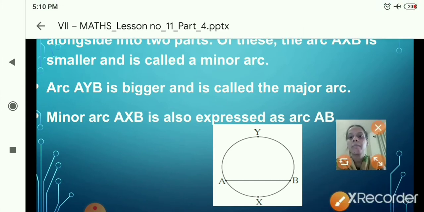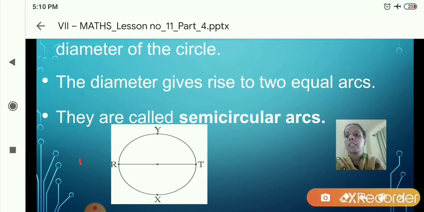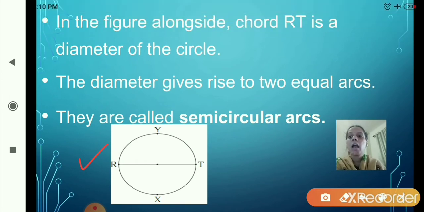Now the next one is, in the figure alongside, chord RT is the diameter of the circle. Now one more figure is given. As you can see here, in this circle, RT is the diameter of the circle. Because of the diameter, the circle is divided into two equal parts and the diameter gives rise to equal arcs.